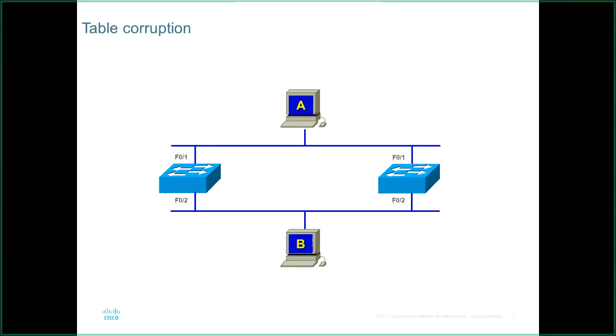So we've got A sending something to B. B, something happens, it fails at the time of the ARP request. So the ARP request, as you know, is a broadcast. It sends it out to every device.